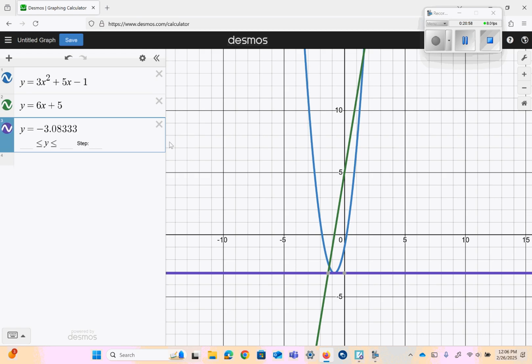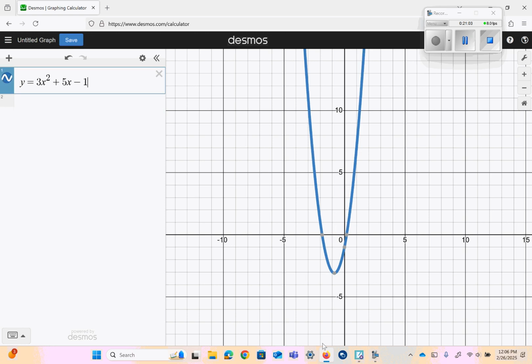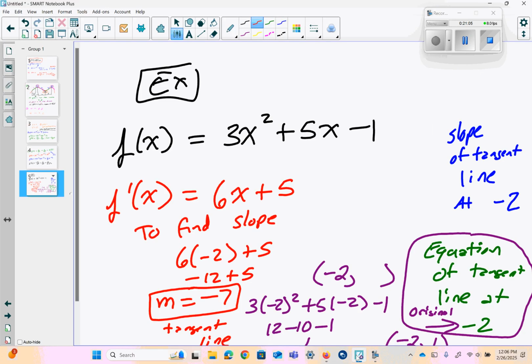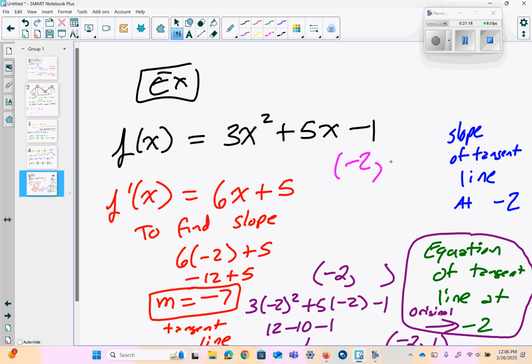So now I'm going to get rid of these two portions and keep my parabola there. And we want to know what the equation of the line tangent at -2 would be. So I had the point -2 comma 1, and I also had m equals -7. If we call this x1 and y1, we have to go back to algebra 1 and remember our point-slope equation.